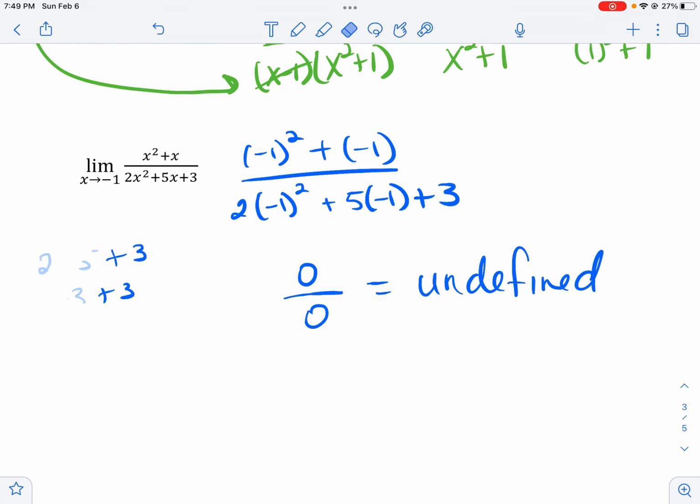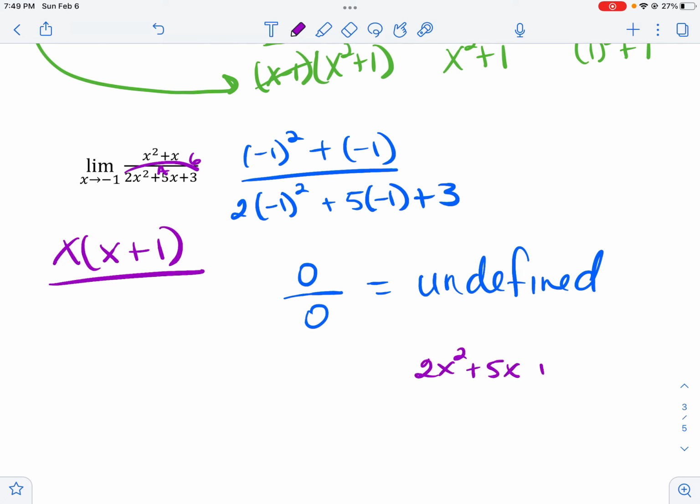Let's see if I could manipulate this. I see the top has a GCF. So I'm going to factor out the GCF on top. On the bottom, it looks like it could be a split the middle. Add to 5, multiply to 6. So let's factor that off to the side somewhere. The 2x squared plus 5x plus 3. Add, multiply to 6.